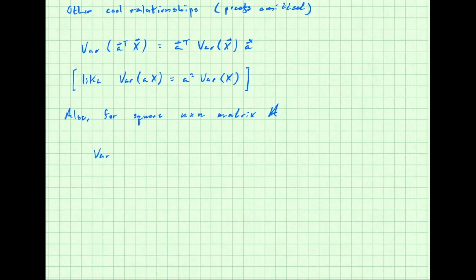The variance of A times the vector X is equal to the matrix A times the variance-covariance of the vector X times the transpose of A. So that's a similar statement, but involving matrices.